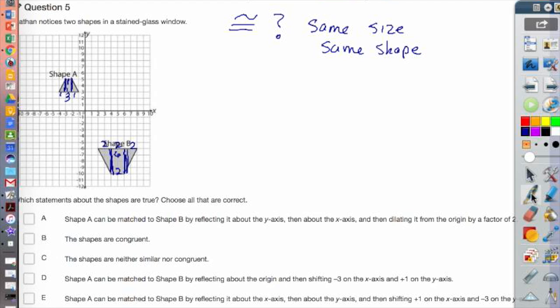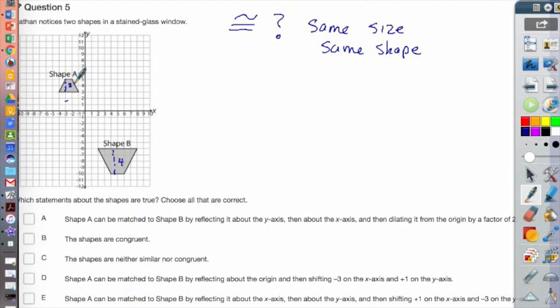height. Let's take a look at the height of this object. The height of this object is from -6 to -10. That's, if I was to draw that, that's 4. And this one is 2.